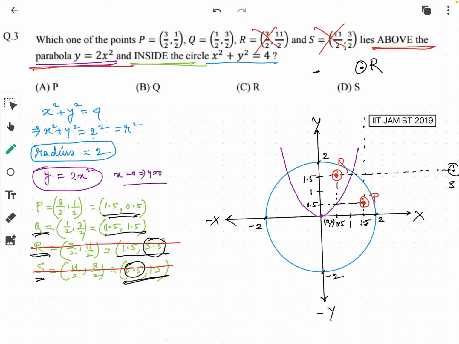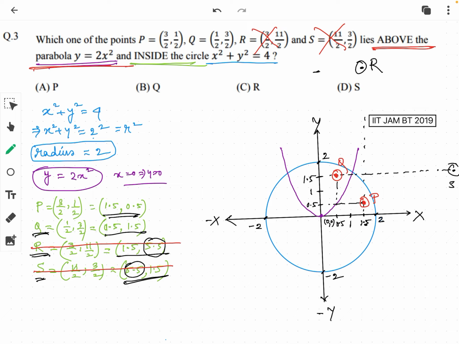Remember one thing, if it was mentioned in the question on the parabola instead of above the parabola, then you would check x and y of the given point, that is the coordinates of the given point, by putting the coordinates into the equation to see if it is satisfied or not, right?